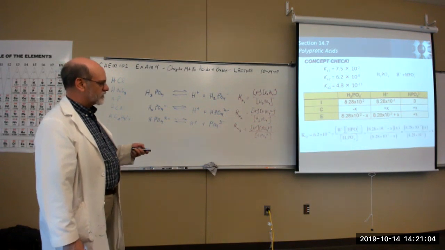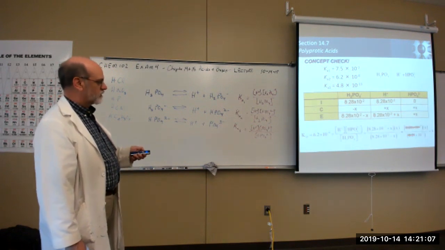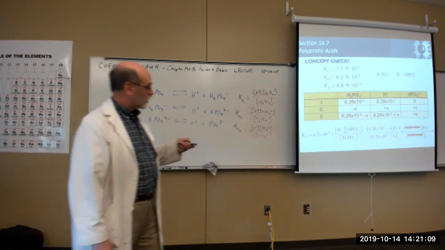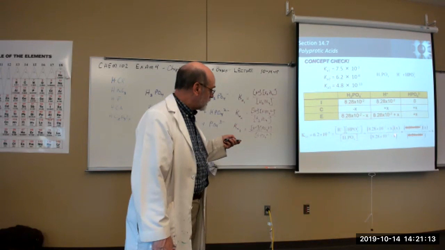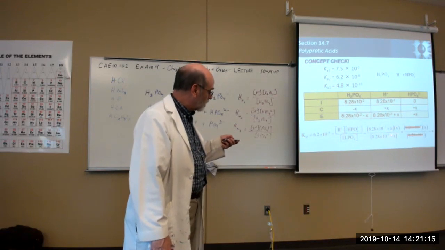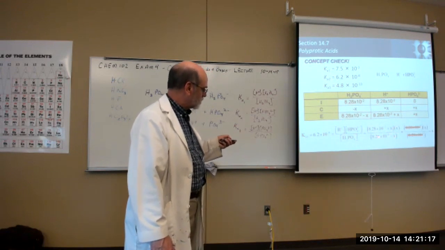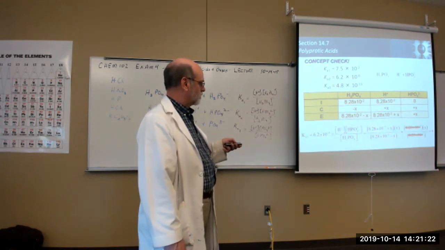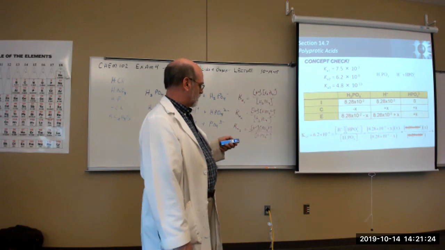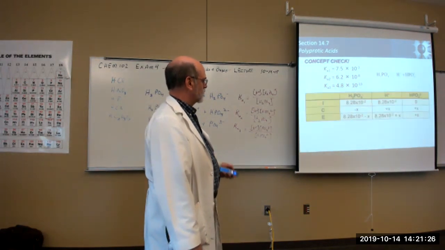And that gives us X equals, well, as it turns out, these two values, if we let that one go, then this value is gone. It cancels out. So that means X hasn't changed.